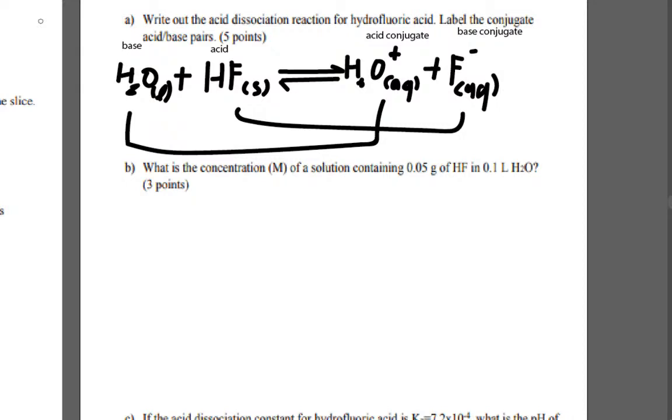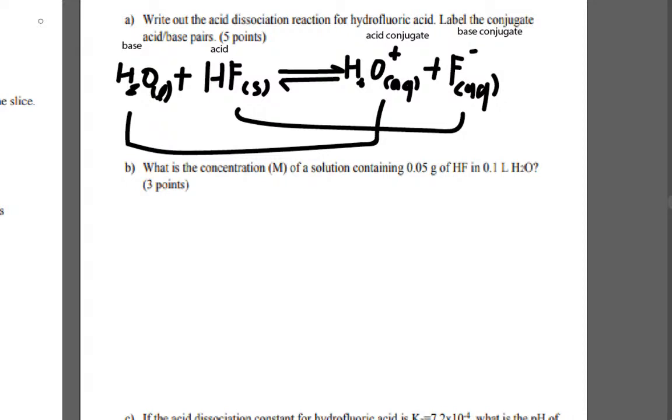Let's see here. Let's go to the periodic table again. That is 18.9984, and then add that with hydrogen, which is 1.00784. So you can just put it inside your calculator.